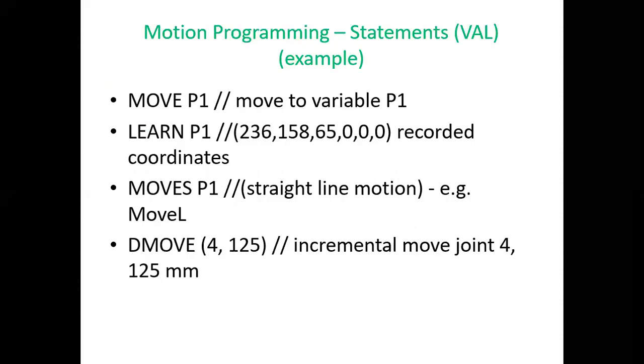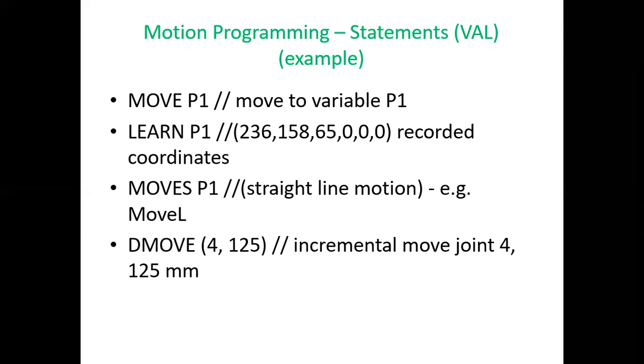So these are the statements used in VAL programming. That is, MOVE P1. So that means move to variable P1, position 1. LEARN P1 means record the coordinates of P1. Then MOVES P1, that is straight line motion.